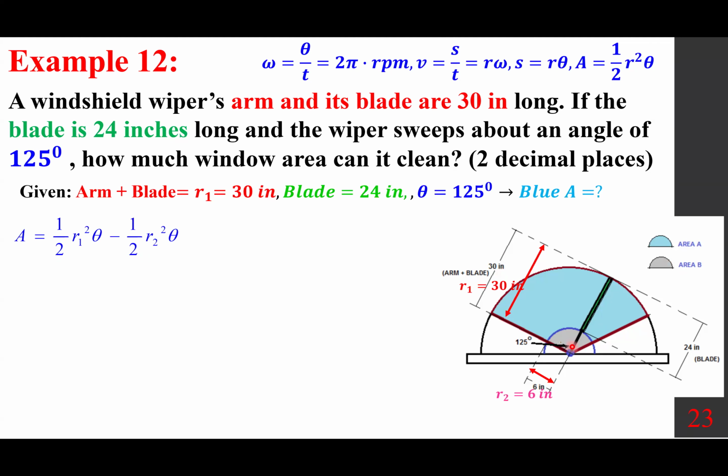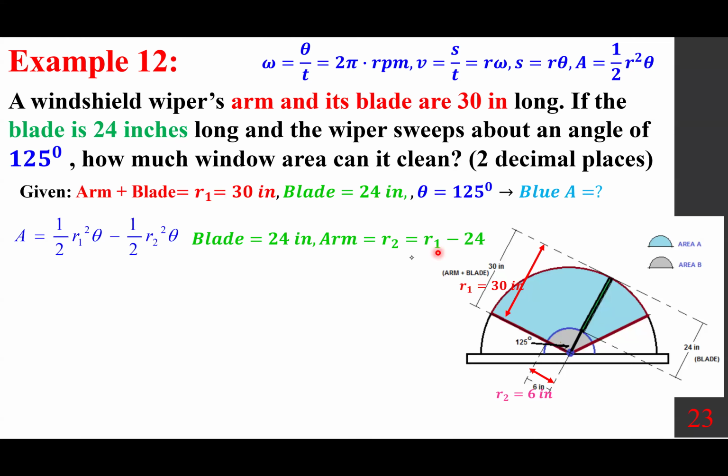What is R1 here? What is R2? This one. So R1 is 30, R2 is 6 because the blade is 24 inches. The arm is R2 equals R1 minus 24, which makes it 6 inches.